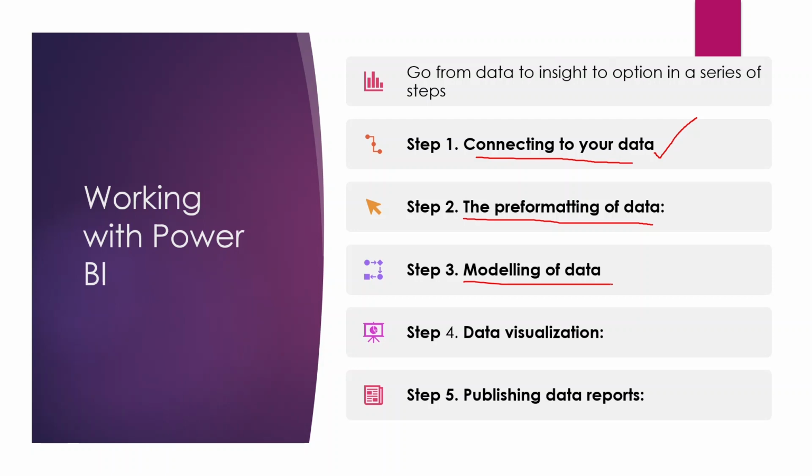Then we have the data visualization. So the fourth step is the visualization. Before visualization, we have connecting to data, formatting the data, modeling the data. Then finally, we will do the publishing of the data reports. Where are we publishing? It could be in a server, or it could be Power BI service.